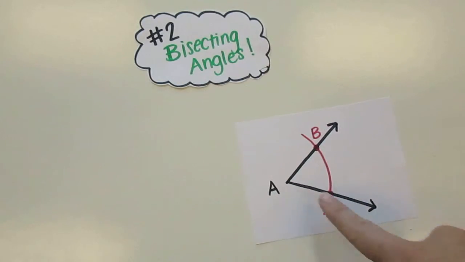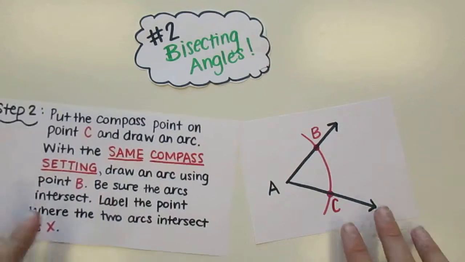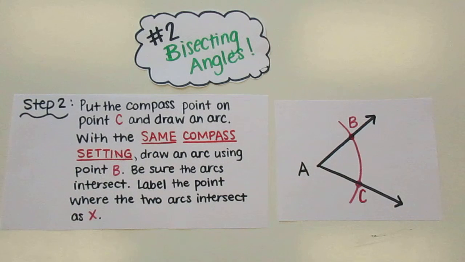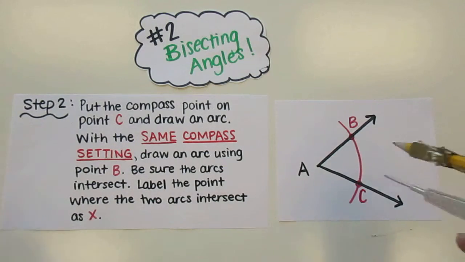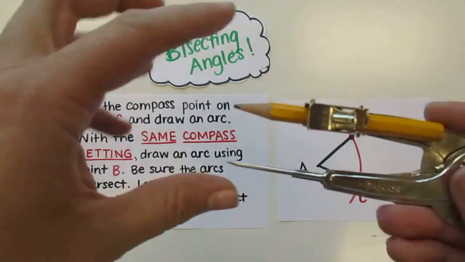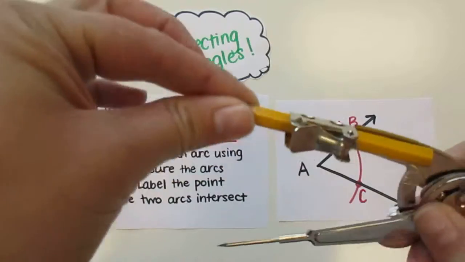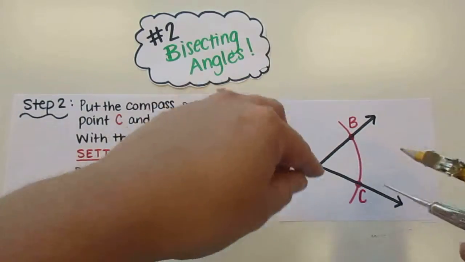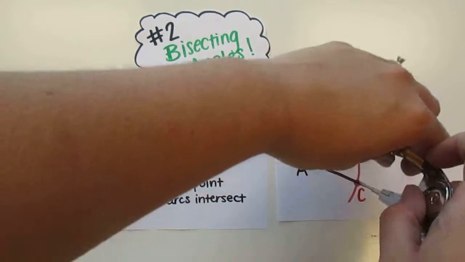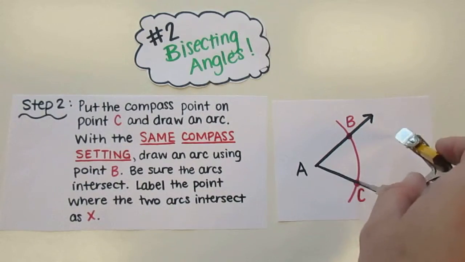Keeping my angle here. So step 2, put the compass point on point C and draw an arc. So I'm going to take my compass, put it on point C. Now it does not have to be the same setting that I had when I drew this first arc here. I just need to put my compass on point C and draw some arc.